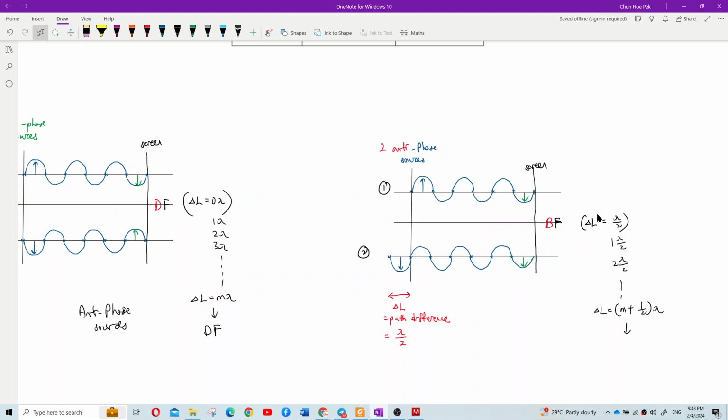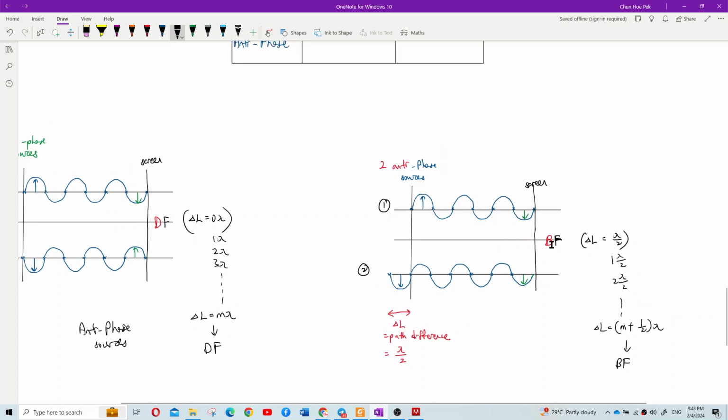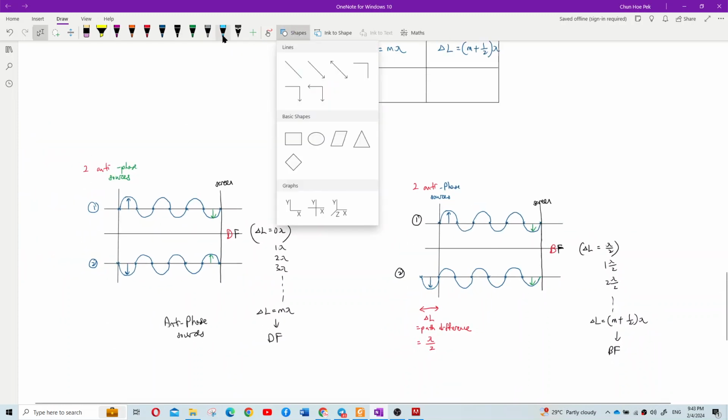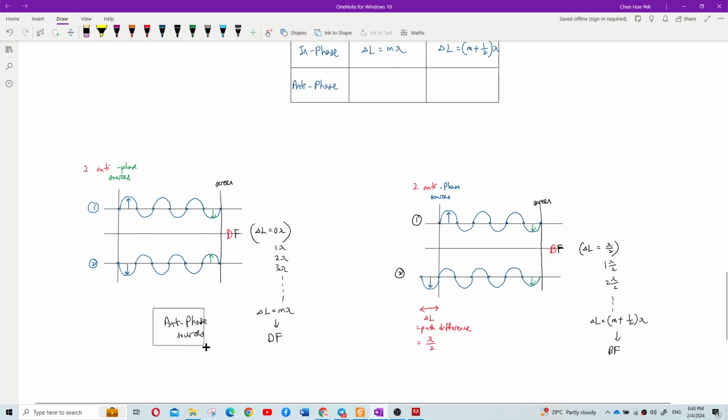It produce what? It produce bright fringe instead of dark fringe last time. Understand, class? So this for anti-phase source.